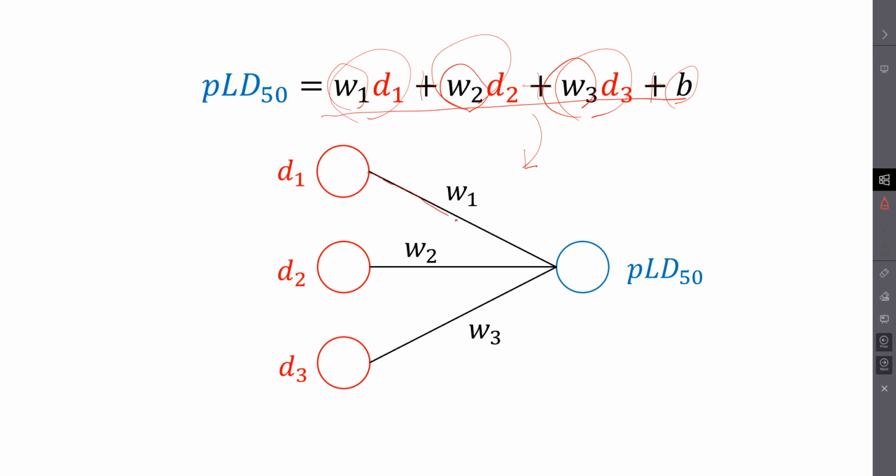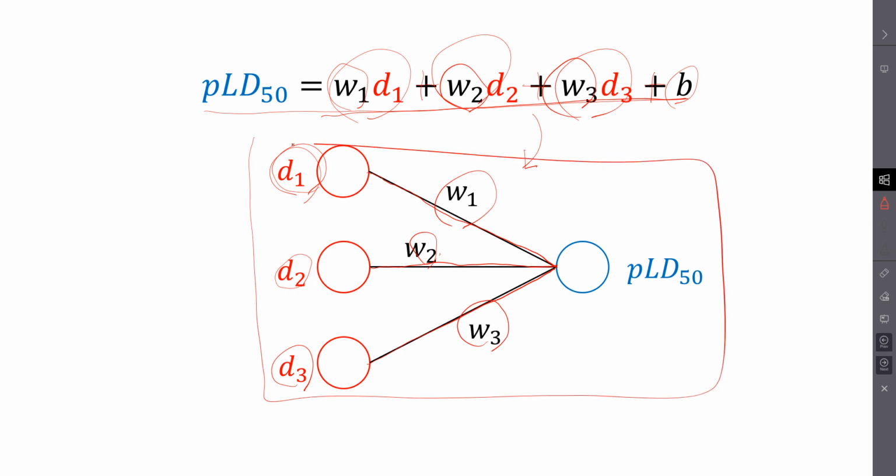These weights connecting input nodes and the output node have weight values, and in this model, this weight is used to multiply with this value, and this with this, and this with this, and then they are all summed together here. So this equation is actually equal to this figure, which is like a neural network.